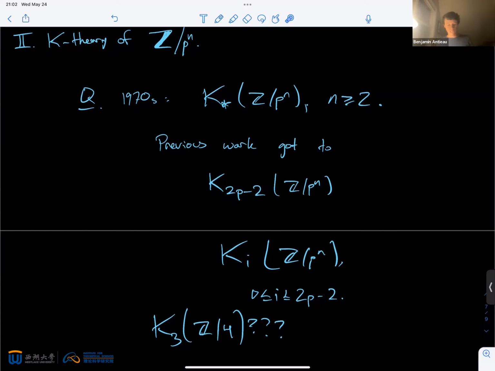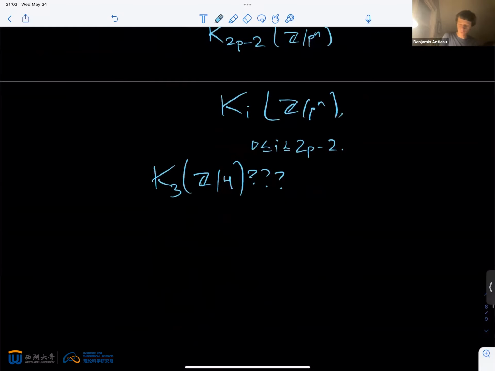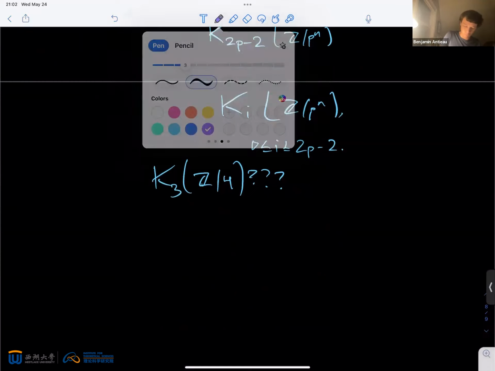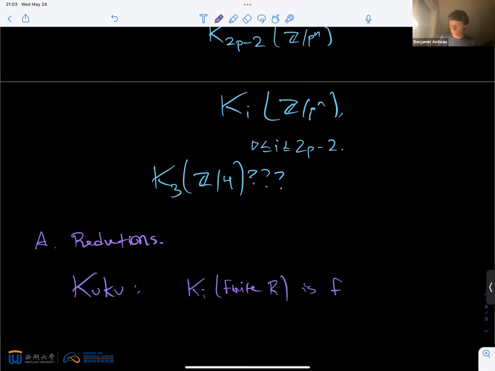Okay, so let me make a couple of remarks. First of all, Quillen already proved, I forget when, that K_i of a finite ring R is finite for i at least 1.